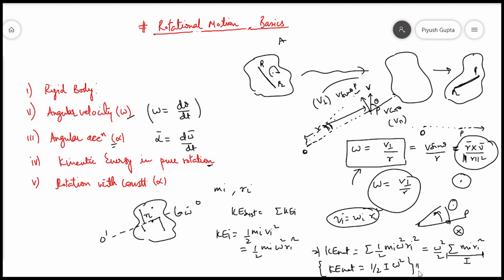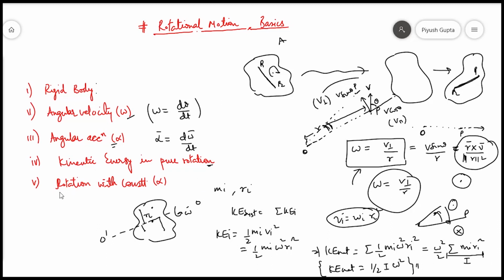If the body is also translating, that is the center of mass of the system is also translating, you're not going to see just this formula. In that case the formula changes a little bit, and we'll see that in future videos. For the time being it is sufficient to know that for a purely rotating body the kinetic energy of the system is half I omega square, and for a discrete particle system, I is the summation of mi ri square.